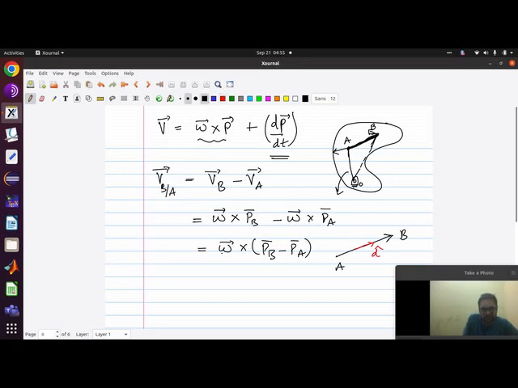So this is theta dot k cap cross LAB, which is length of AB, d cap. So this is theta dot LAB, k cross d. Again, cross product, k cross d is perpendicular, so this is your t cap.